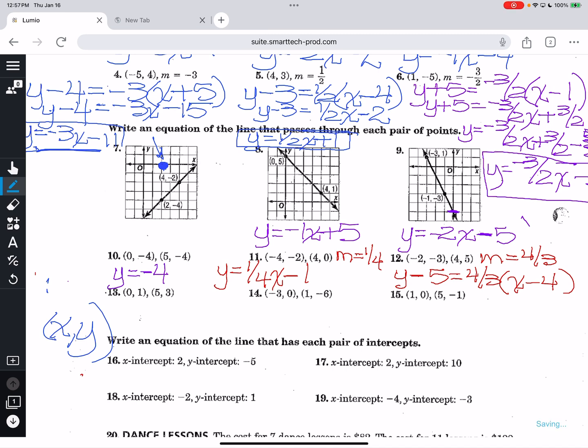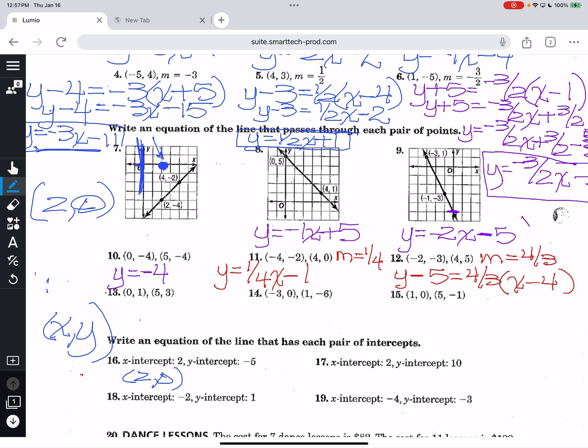Where on the x-axis is that dot? 2. Where on the y-axis did it run across? Here is the y-axis. It ran across at 0. So the x-intercept is the ordered pair 2, 0.